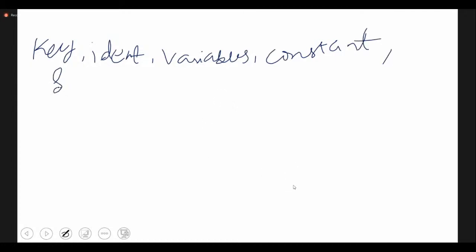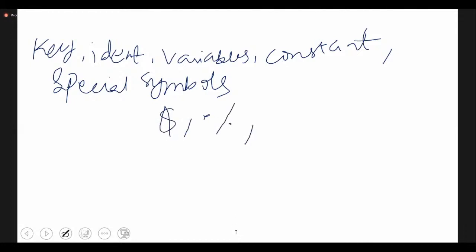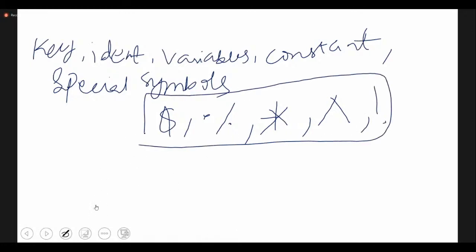Next we'll talk about special symbols, then operators. Under special symbols, we have different special symbols which are being used, like dollar, modulus, star, cap, exclamation. All these fall under special symbols. That is all about special symbols, nothing much to learn about.